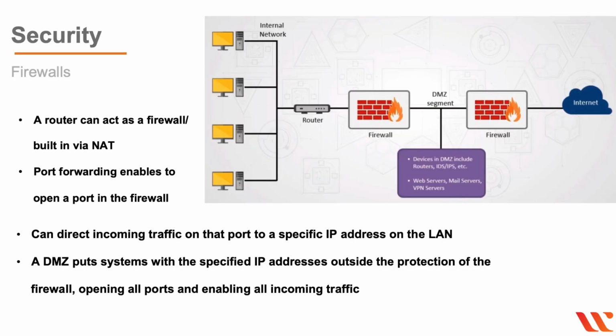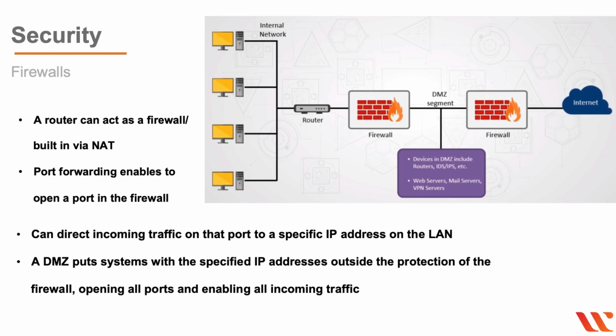Now, a router can also act as a firewall if it's built into the NAT, which is the network address translation. Port forwarding is another feature of the firewalls that allows you to open certain ports or close certain ports and then have control over what kind of data or what kind of connections are coming into the network.